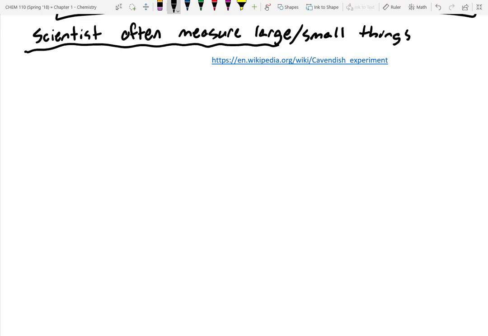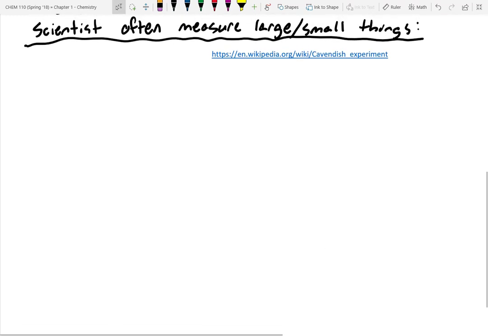And that has to do with the nature of science, right? Most of what we're measuring in our day-to-day life is manageable, but when you're talking about things in the universe, you're dealing with incredibly large scales. So if you're an astronomer, you're thinking about things as large as the sun. If you're a chemist, you're thinking about things as small as an atom.